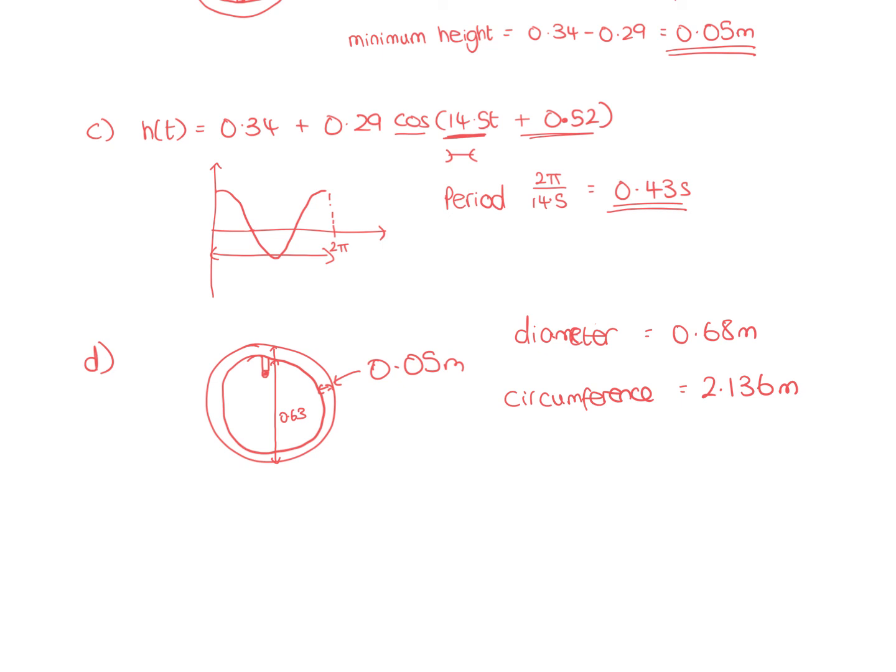And then to work out the speed, speed equals distance over time. So the speed is how far it travels. So in one full turn of the wheel, it's travelling 2.136. And I've divided that by the time it takes. So we have up here, it was 0.43. In fact, if we want to keep it more accurate, we could put 0.433. I think that's what it was. And then the speed is 4.9 meters per second.